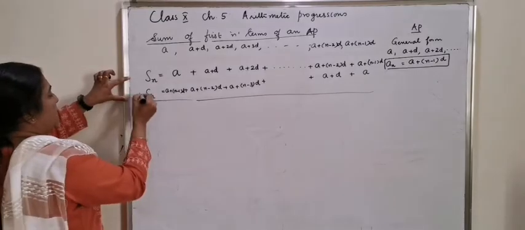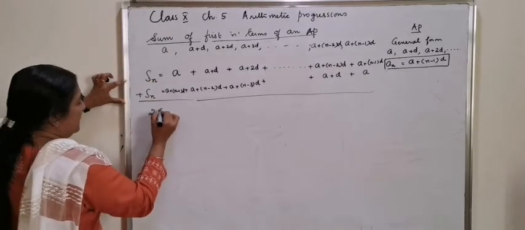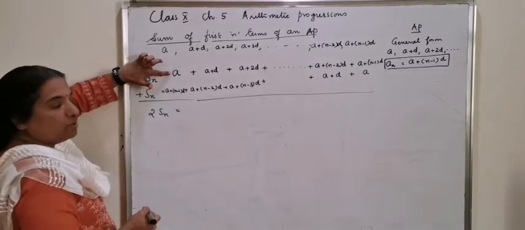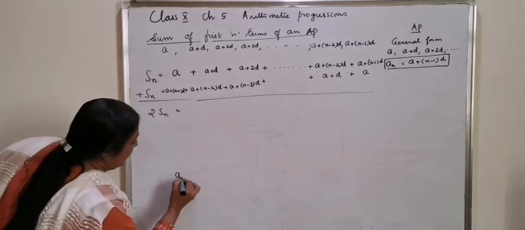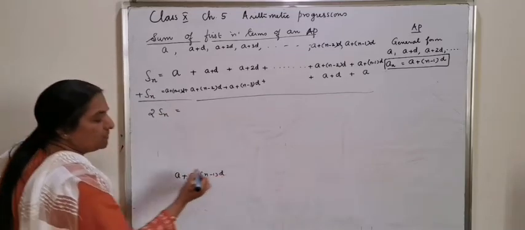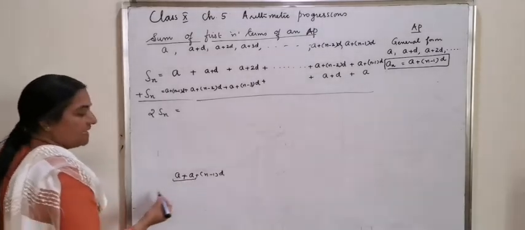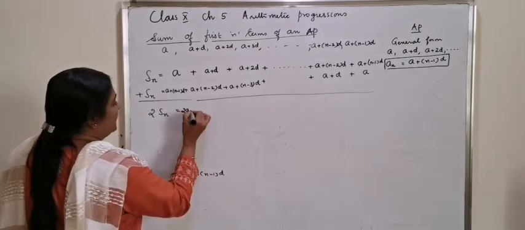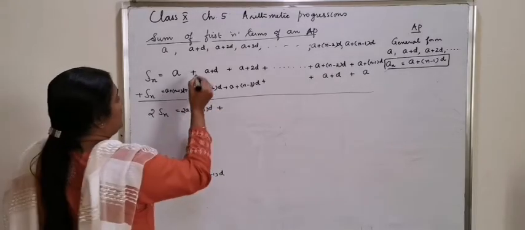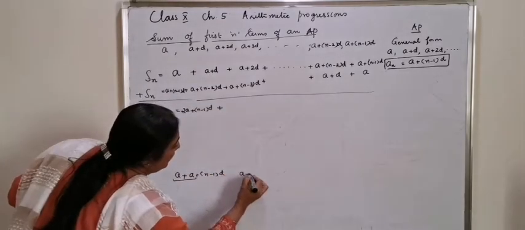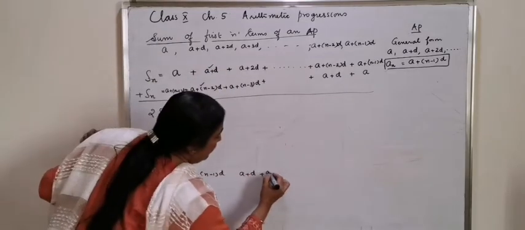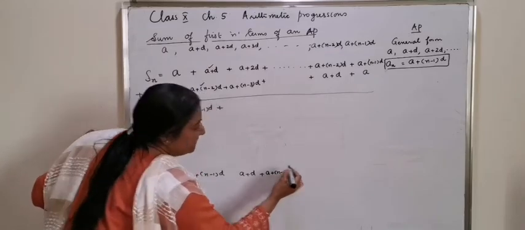When you add, what is Sn plus Sn? 2Sn is the same as, you can see, what is the total? Let's do it here. a plus a plus n minus 1 into d. What is a plus a? It is 2a plus n minus 1 into d, plus what will be the sum of a plus d plus the second terms, a plus n minus 2d?